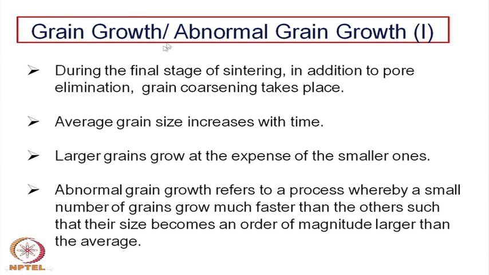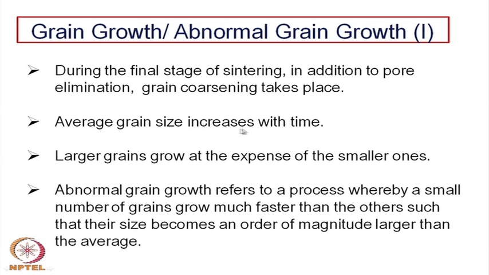It need not be the case that grain growth or abnormal grain growth takes place all the time. In some cases abnormal grain growth takes place, depending on the system and on other parameters. So, during the final stage of sintering, in addition to pore elimination, grain coarsening takes place. That is why we need to consider this.